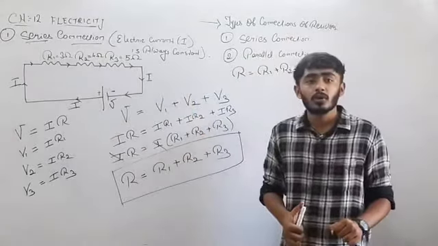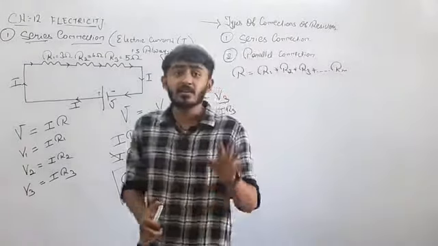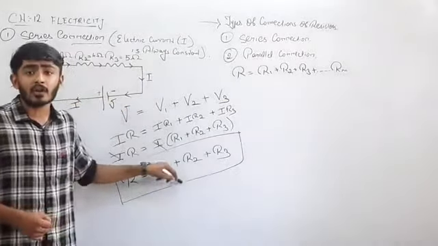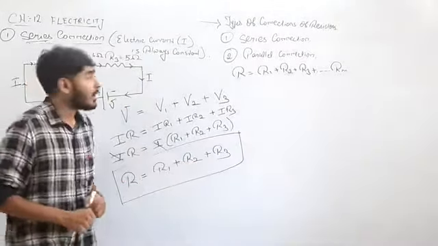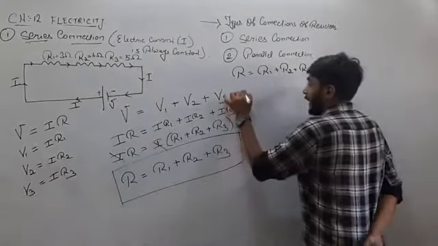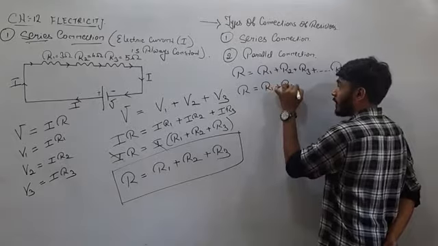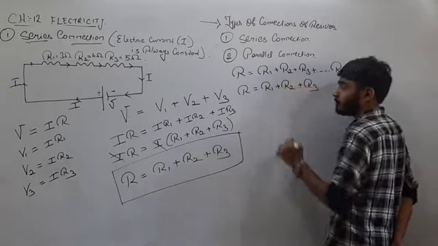What do we need to do? As I told you, the formula for series resistance is R equals R1 plus R2 plus R3.